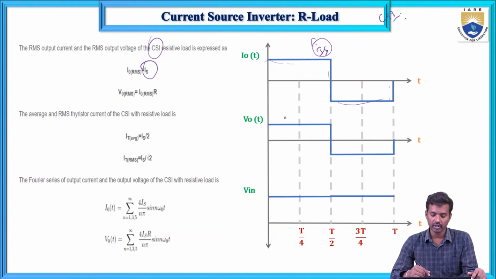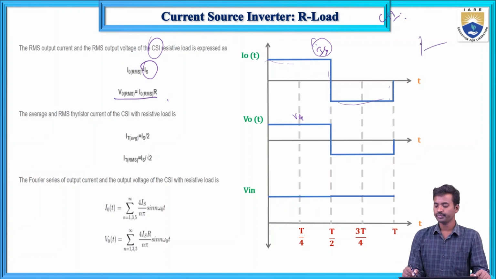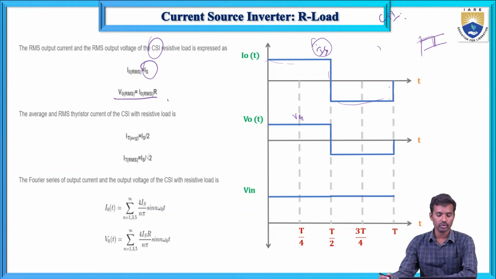The RMS value of V naught equals I naught RMS into R, and you can calculate V naught RMS. Square this waveform, take the average, and take the square root. That is the RMS value, and you can also take the average and RMS values of thyristor currents.